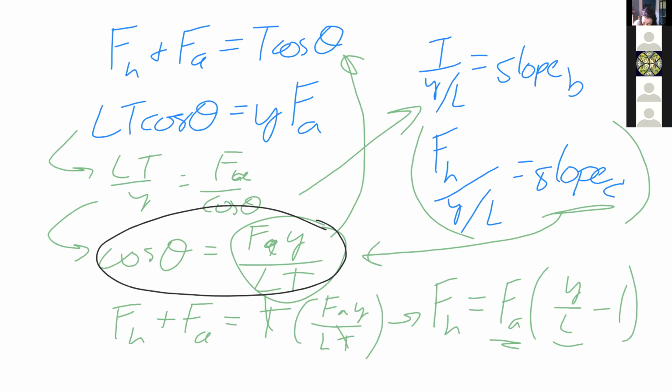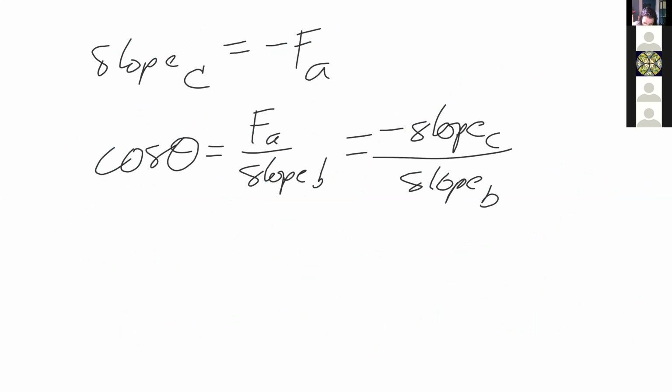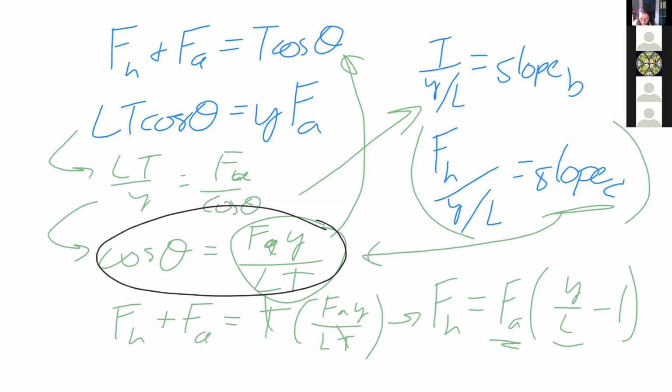Yeah, so the argument of f sub a being the opposite of the slope from graph C is that f sub h is the slope on C multiplied by y over L. And from this relationship right here, we have that.